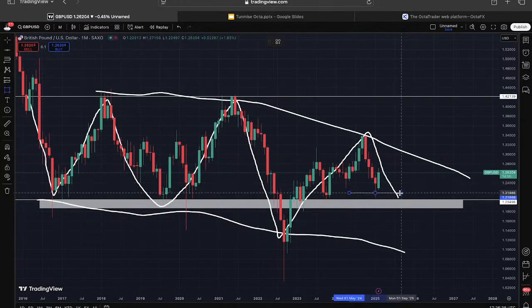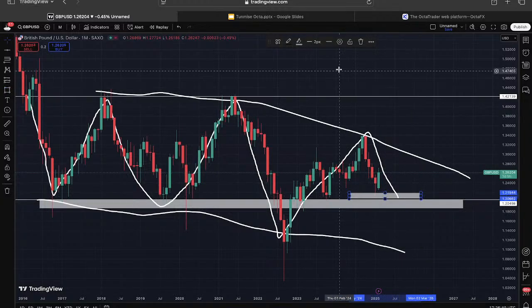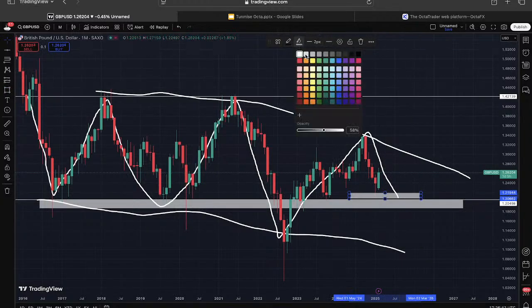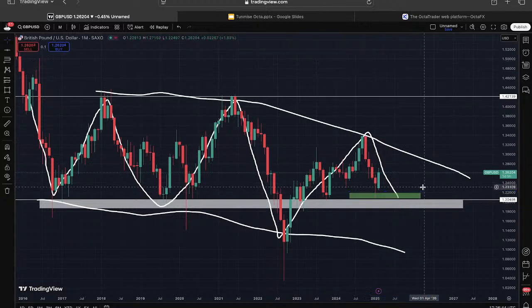And we can see how price has been pushed up.